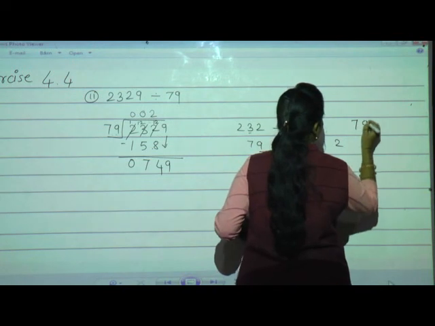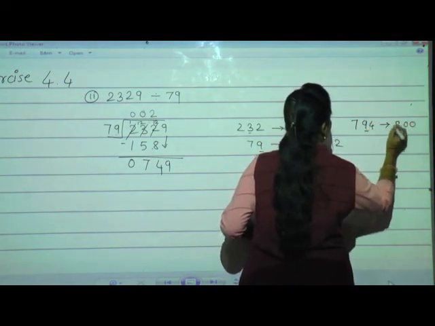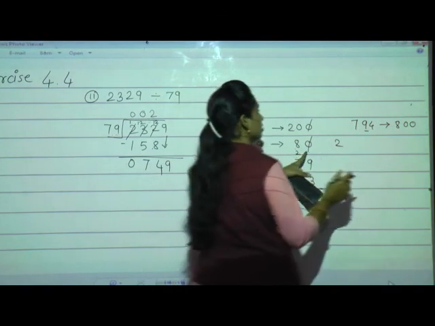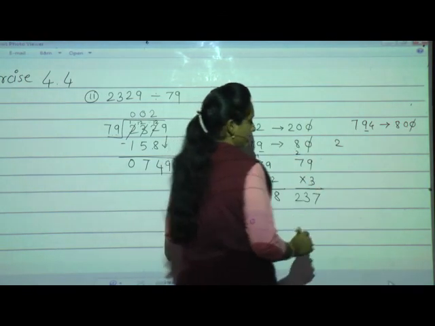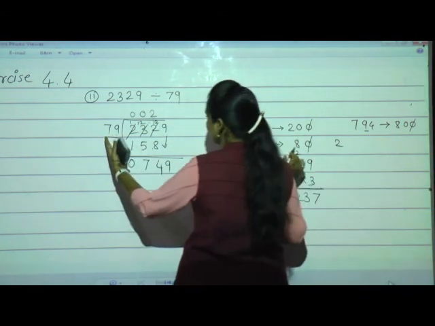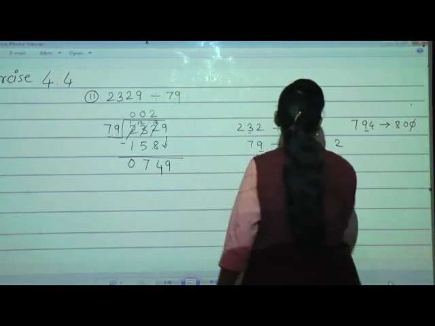So for 749 the nearest number is 800. Now when we cross 8 by 10 times, it means 80. But when we go 79 10 times, 790 is greater than 749.